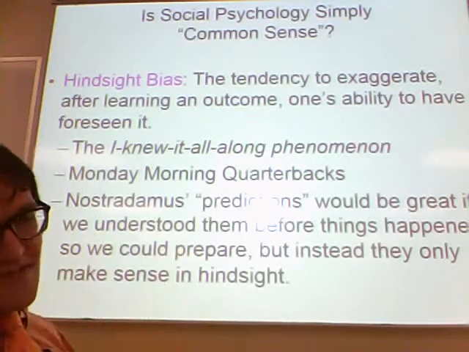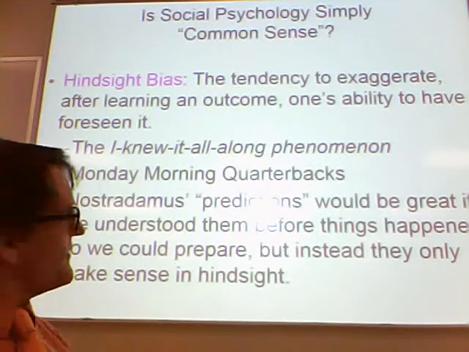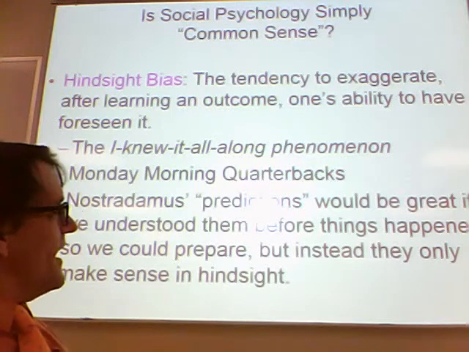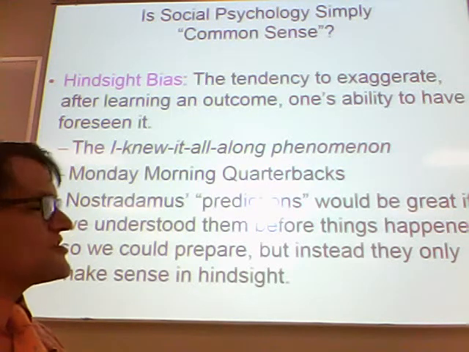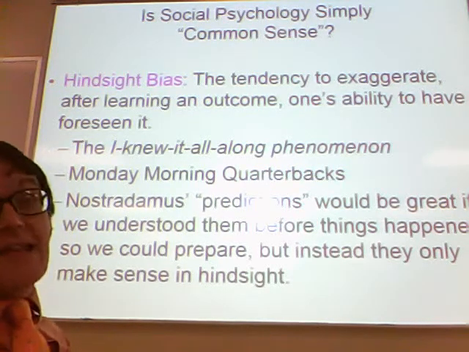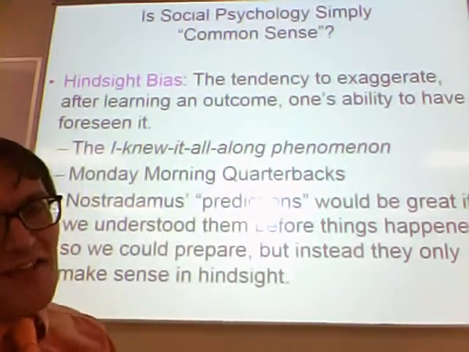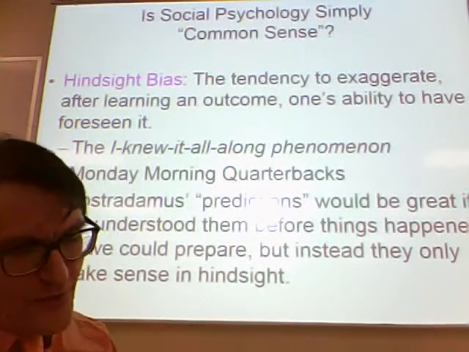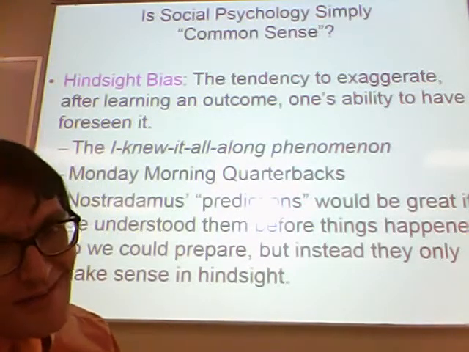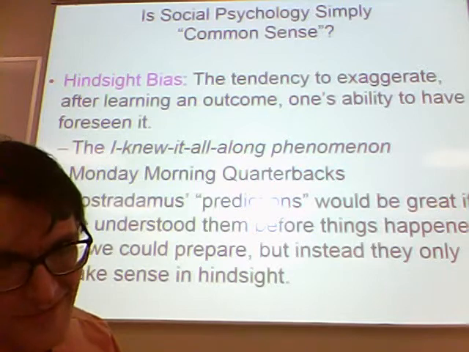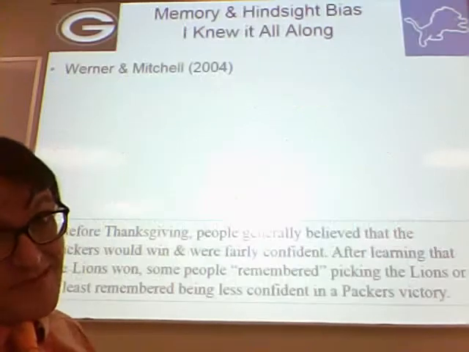Like Nostradamus, if you remember Nostradamus, 15th century or something, made all of these funky predictions. And it'd be awesome, and then they've all come true. But here's the thing, they're written so cryptically that nobody really knows what he predicted until after it happened. So I don't know how useful that is.